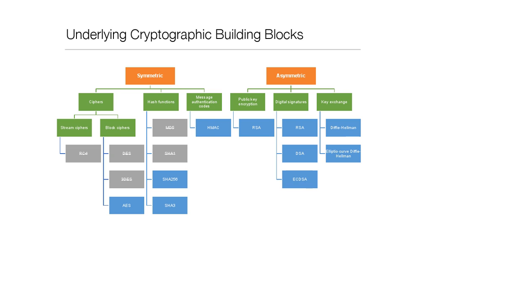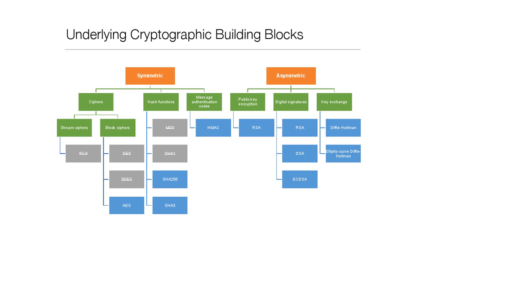When it comes to asymmetric key cryptography, there are public key encryption schemes. RSA is the current standard, even though we have ElGamal, which is not commonly used. For digital signatures, RSA-based digital signature is standard, DSA is based on the ElGamal scheme, and elliptic curve DSA schemes are also standards.